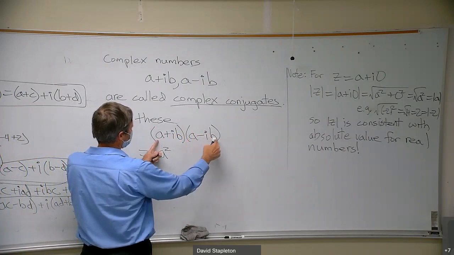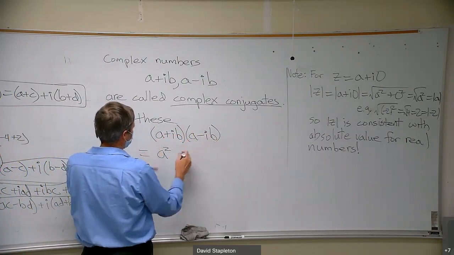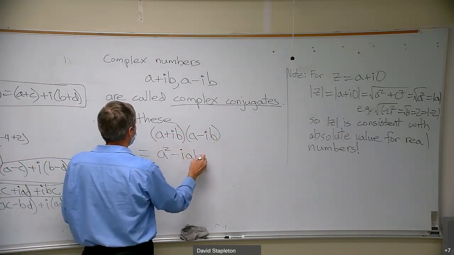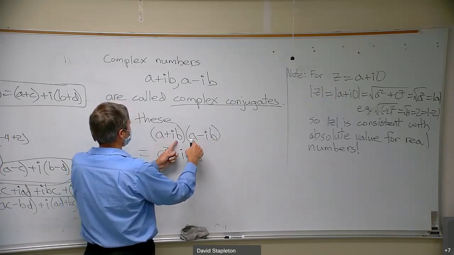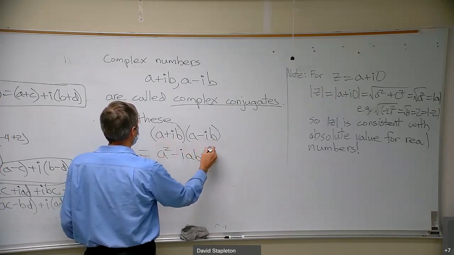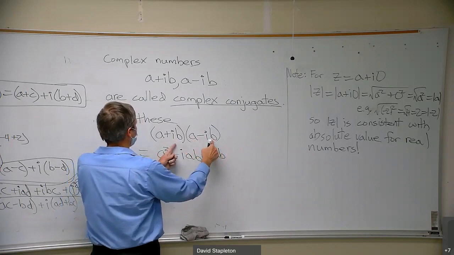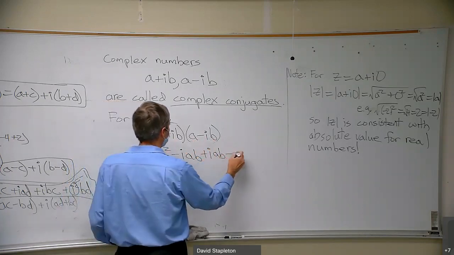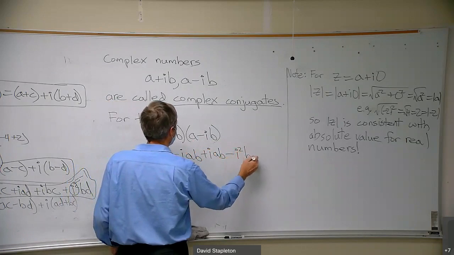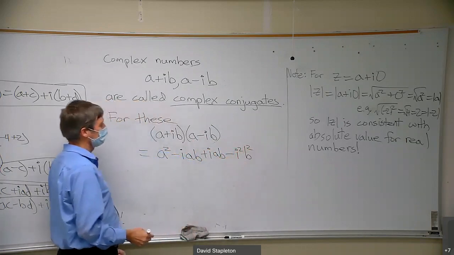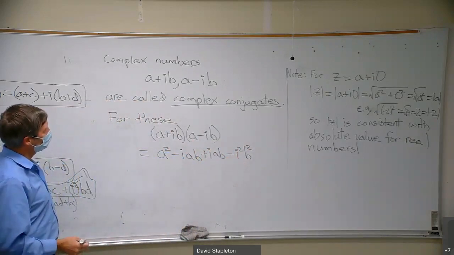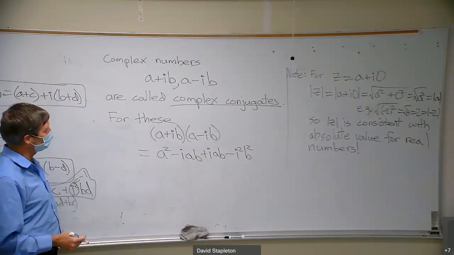This times this is A squared, this times this is minus IAB. This times this is plus IAB. And this times this is minus I squared B squared. So there's by FOIL what complex conjugates multiply out to.